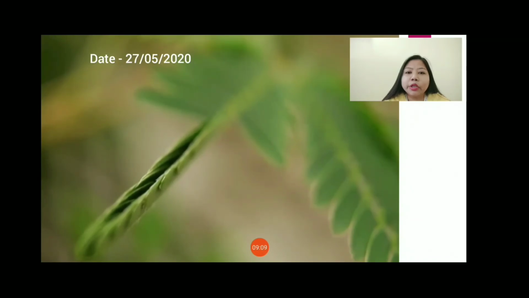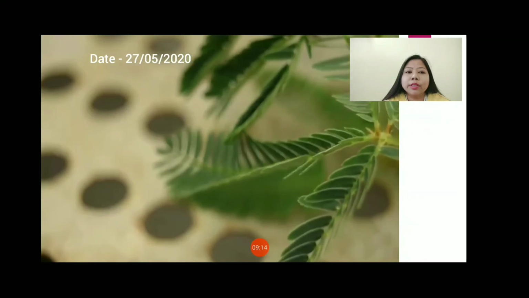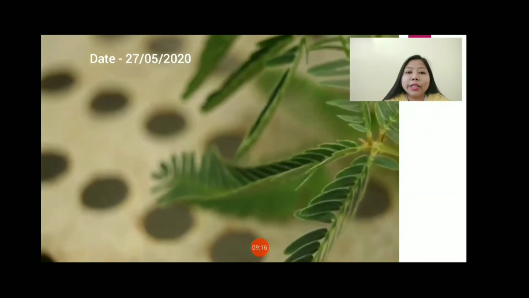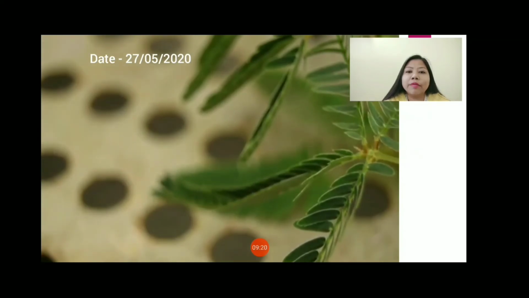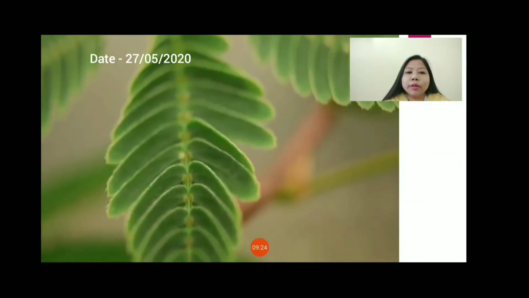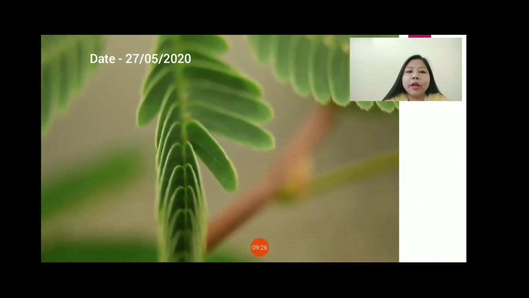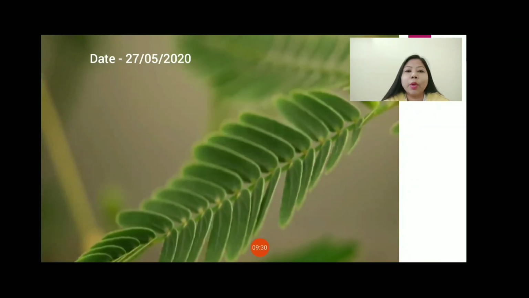It is not happening due to any growth of the leaves, but because the water from the touched area moves away and the leaves become flaccid and close. Similarly, when the water comes back to that area, it will again open up as it becomes rigid. So this is the reason why the nastic movement takes place in the mimosa plant.